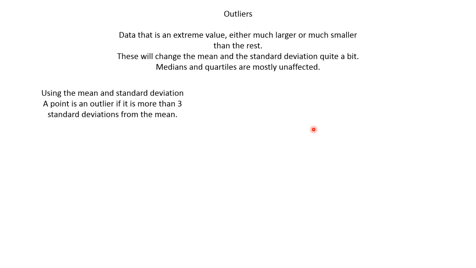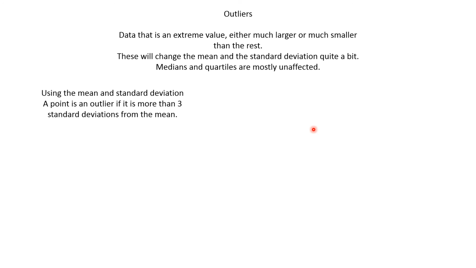So, times 3 is going to be 4.2. And the mean was 14.8. So plus 4.2, that would be 19. Anyone older than 19 would be an outlier. Minus 4.2 would give us about 10.6. Anyone below 10.6 in our class would be an outlier.